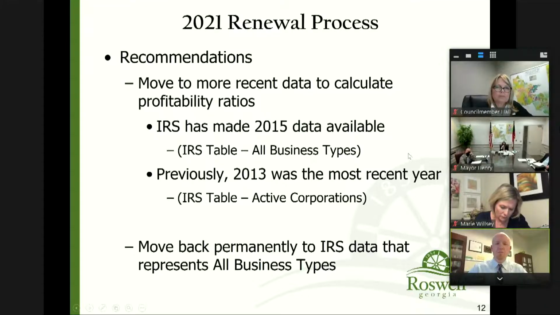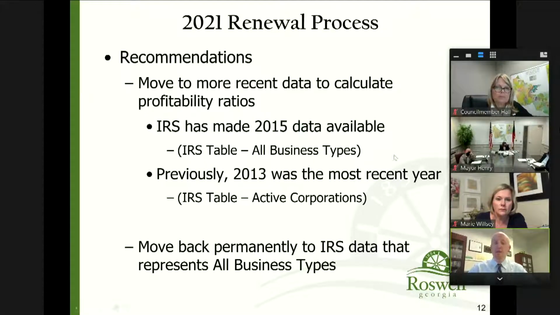That would be moving from the active corporations data to the all business types data. It would be my recommendation that we move back to that table and maintain that table permanently, because I do think it is more reflective of all business types and all businesses that exist in Roswell.